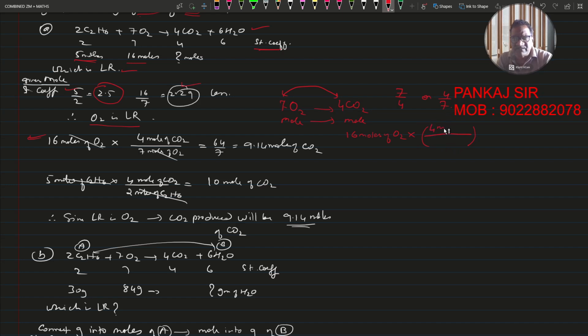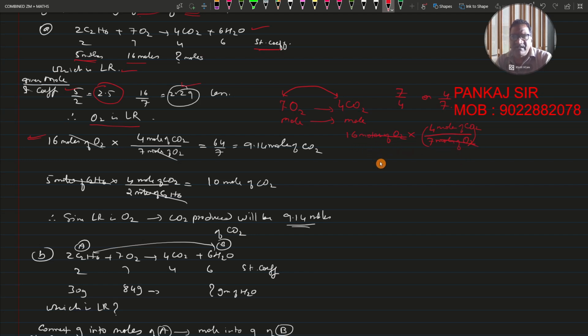So 4 moles of CO2 and 7 moles of oxygen. Purposely I took 7 in the denominator in this factor. You have to use only one factor for mole to mole. So this mole of oxygen and this mole of oxygen will cancel out.